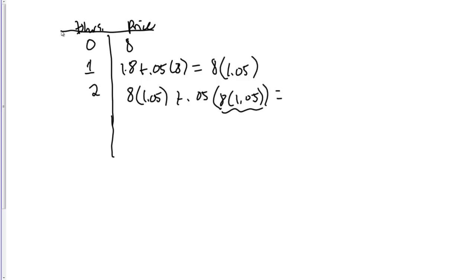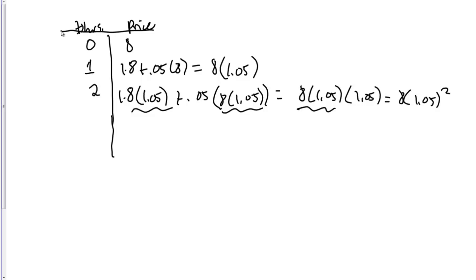And so you can see here we have a common term, with this being 1 times it here, of 8 times 1.05. That was our common term. And what do we have? Well, we have another 105% of that. And we can simplify that to be 8 times 1.05 to the second power.